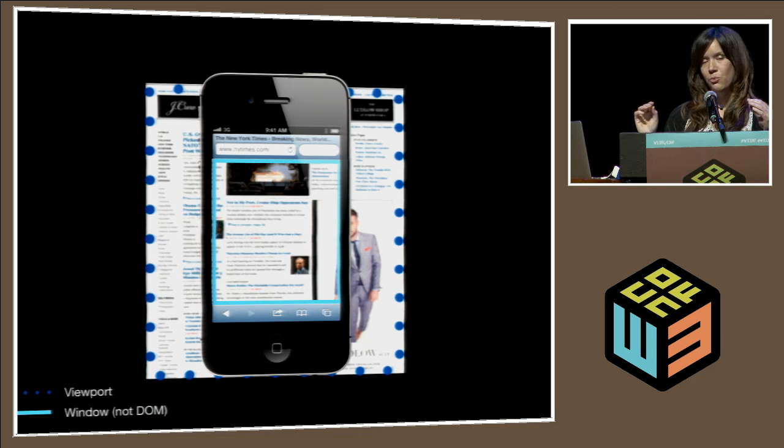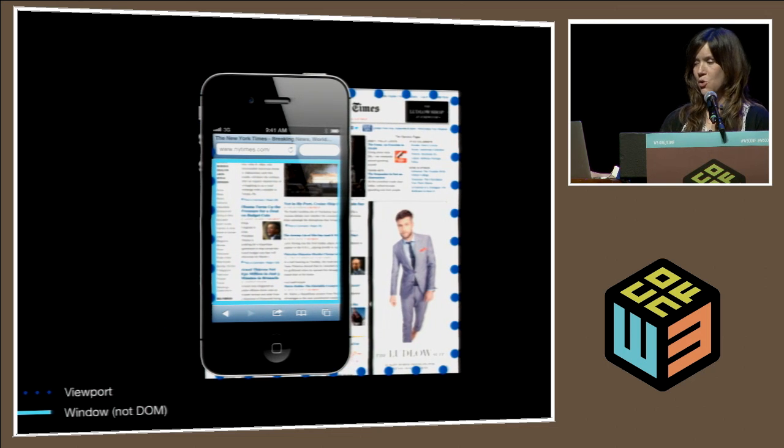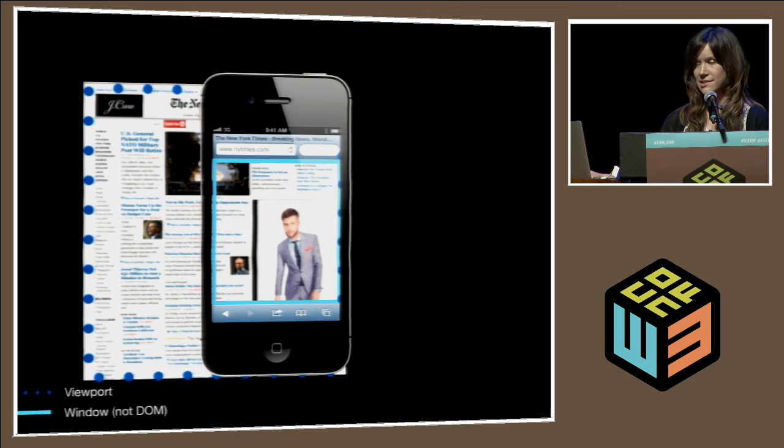When we double tap, the viewport dimensions stay the same size, but the scale is changing. And then, of course, the user can pan left or right to see more of the page. So on the desktop, the window and viewport have a size changeable by the user. On a mobile device, the viewport is a fixed size, and the scale of the viewport changes.